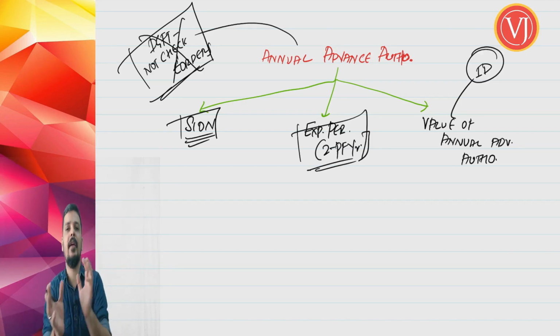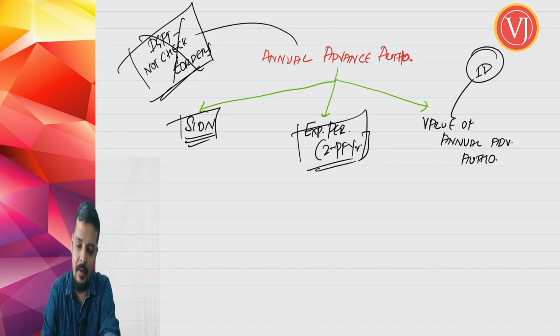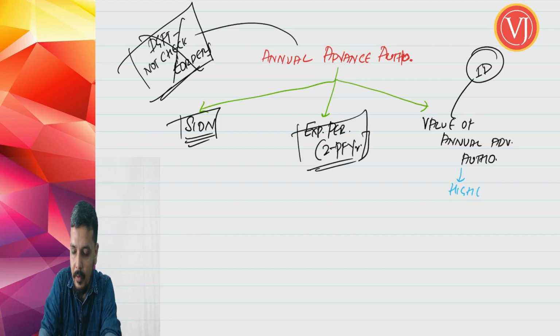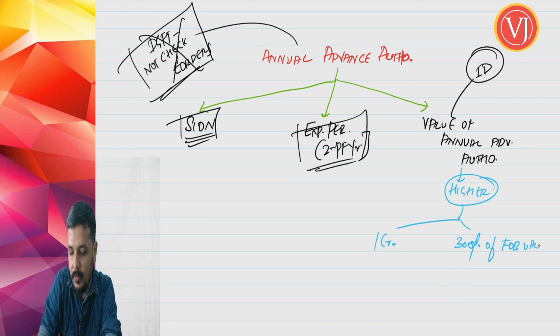So that value will symbolize how much import duty is exempted. It will be not lower of, rather it will be higher of 1 crore or 300% of FOB value of exports of previous financial year.